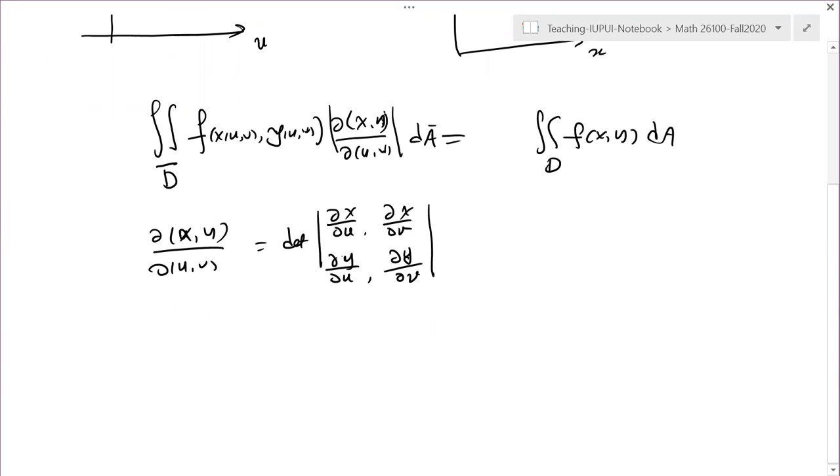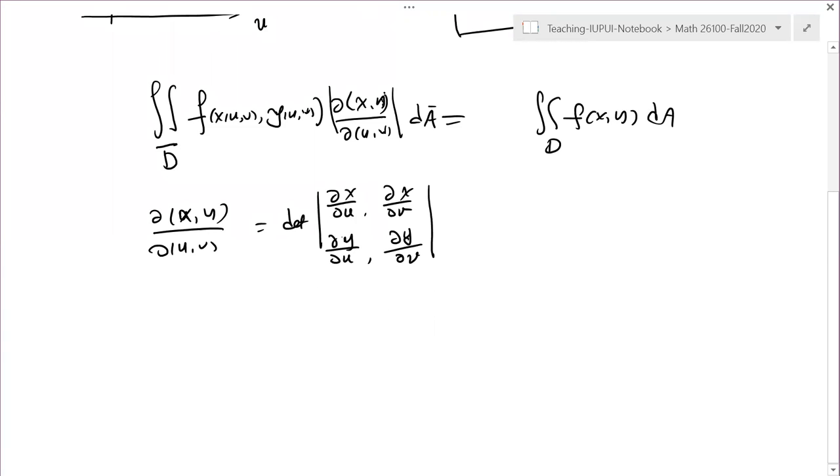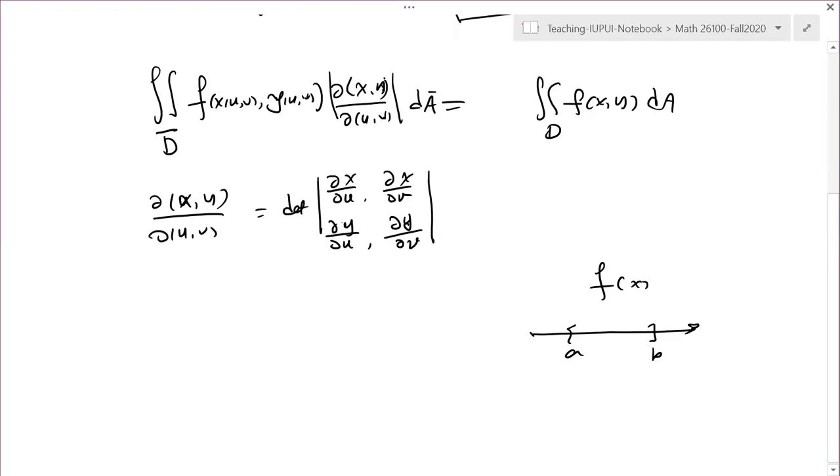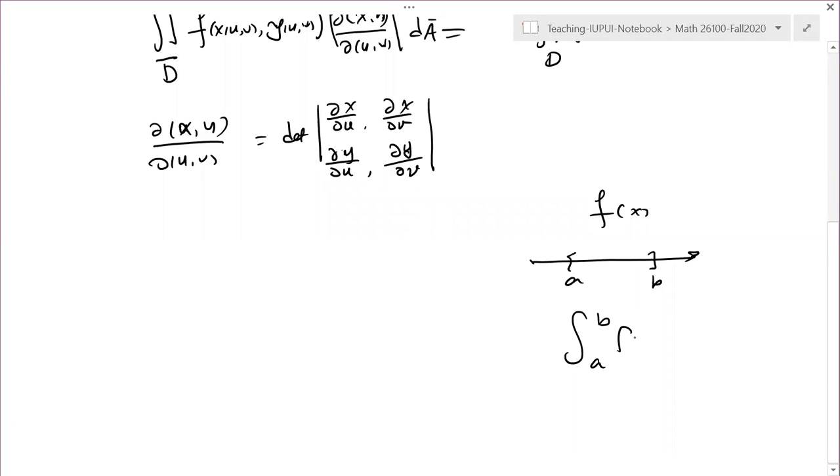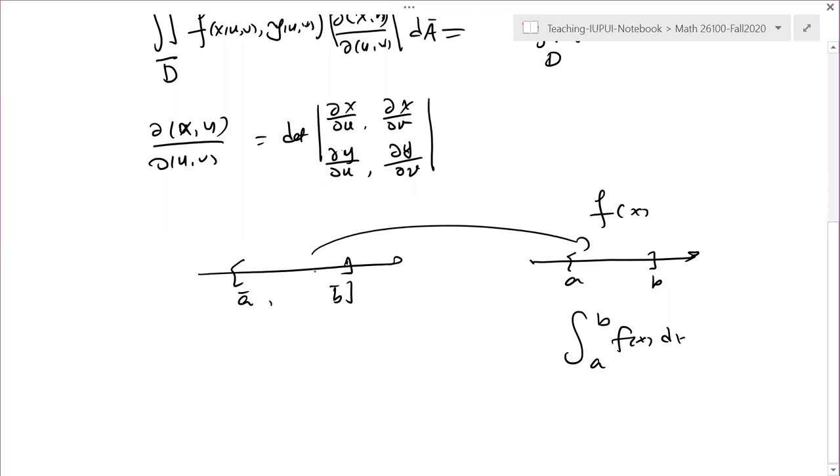So let's take a look at the one-dimension case. If we have a function defined on A and B, here's a function f of x, so you have an integral from A to B of f of x. Now, if we use a substitution, this is A bar and B bar, and this is U. We can use different parameters, fine.